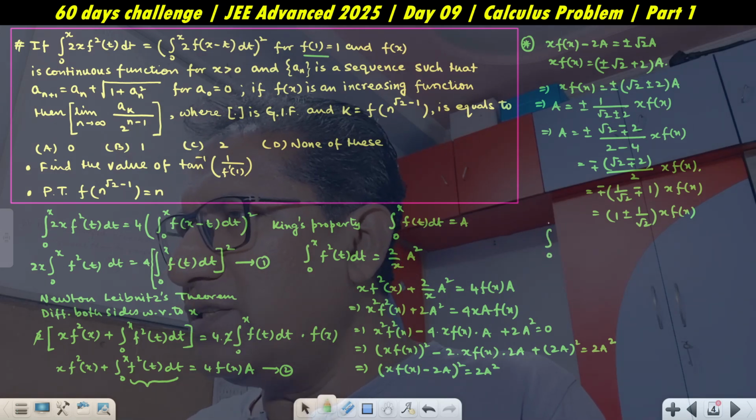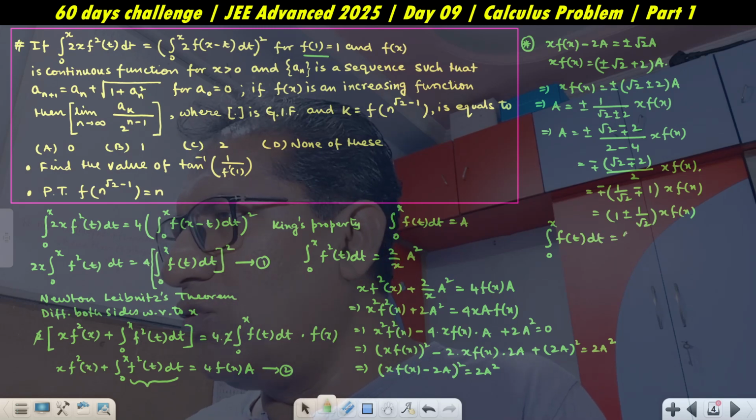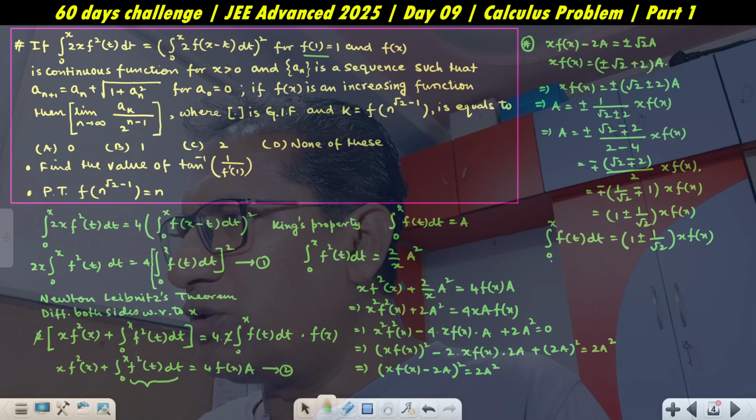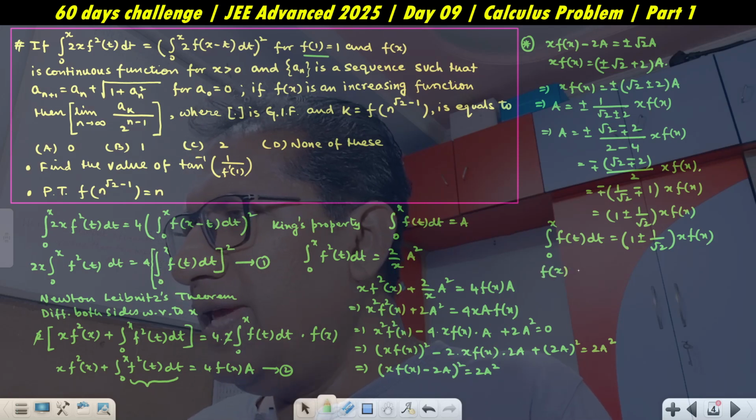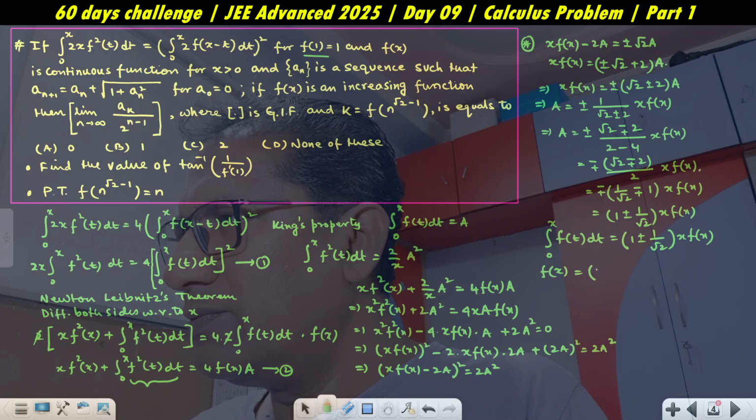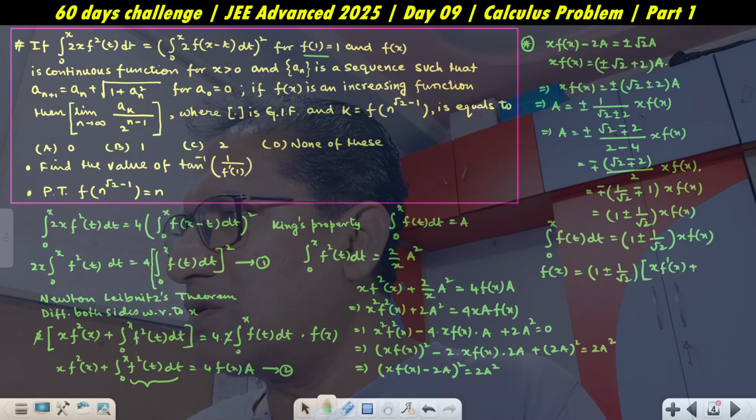It is integration 0 to x f(t) dt, which is equals to 1 plus minus 1 over root 2 x f(x). Now, let me differentiate both sides with respect to x. By using Newton's Leibniz theorem, f(x) equals to x f dash x plus f(x).